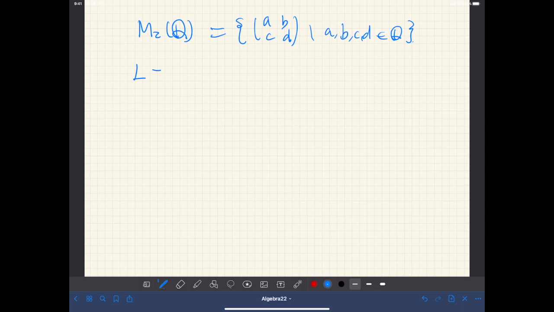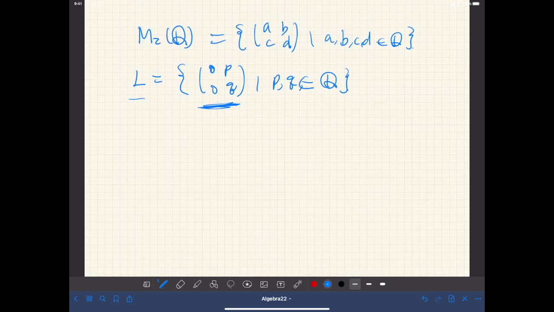If we define L as the set of 2 by 2 matrices of the form 0, p, 0, q, where p and q are rational numbers, then this L is an additive subgroup of M2(Q), because if we add two matrices of this form, it still has this form: the 1,1 and 2,1 elements are both 0.